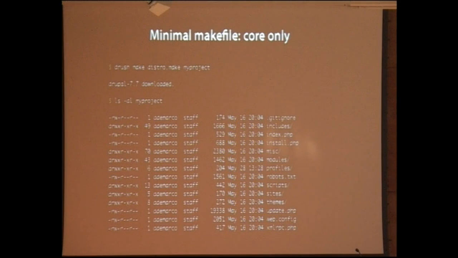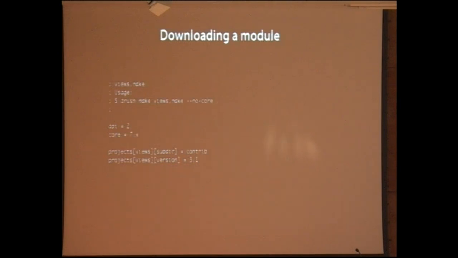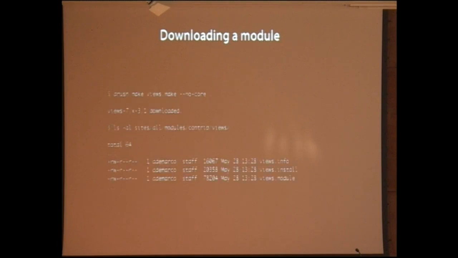So far, everything should be rather simple. If I want to download a module, there's a syntax for it. To download a project in general, it could be a module or a theme, I specify where to place it and its version, and the name, of course, in the array, and then I run Drush Make.